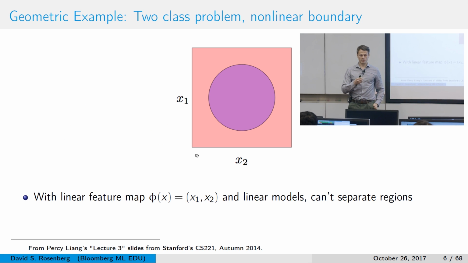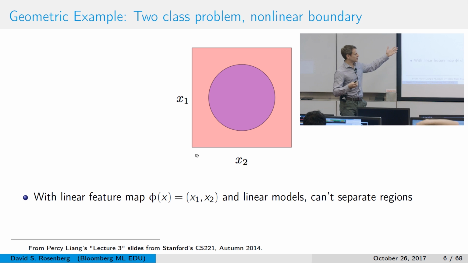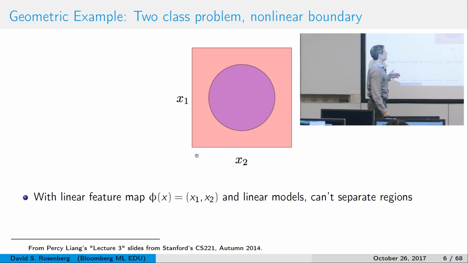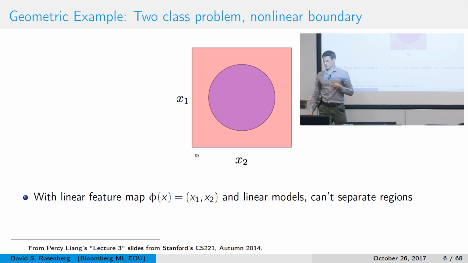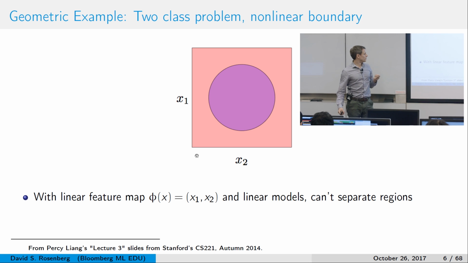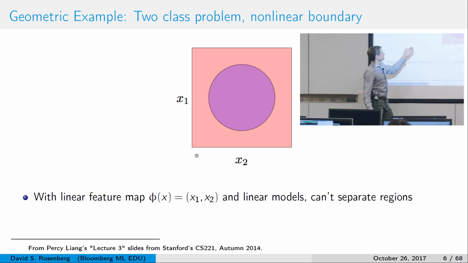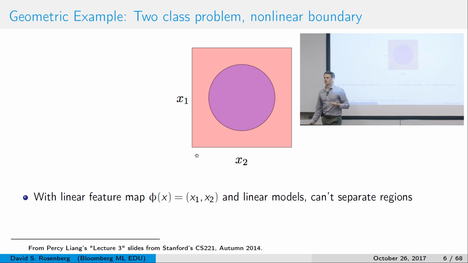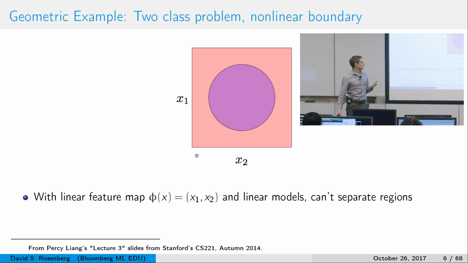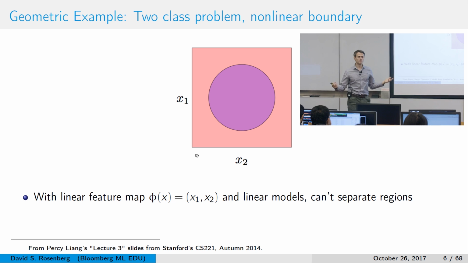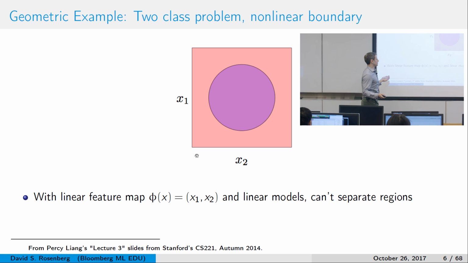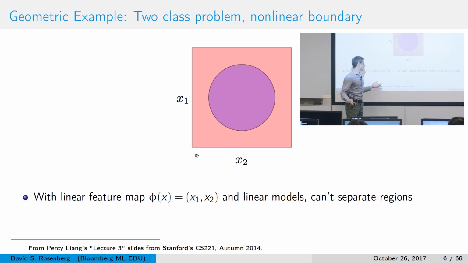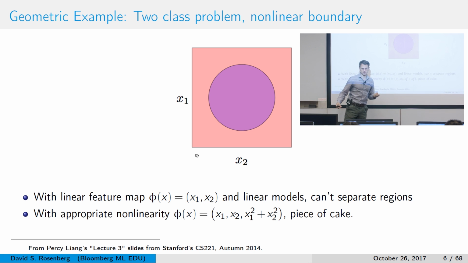And we talked about a challenge like this, where we have these two classes, the two colors, and our original feature map is just x1 and x2. And there's no linear separator for these two classes. So what can we do? What we spoke about last time was introducing an additional feature, say x1 squared plus x2 squared.